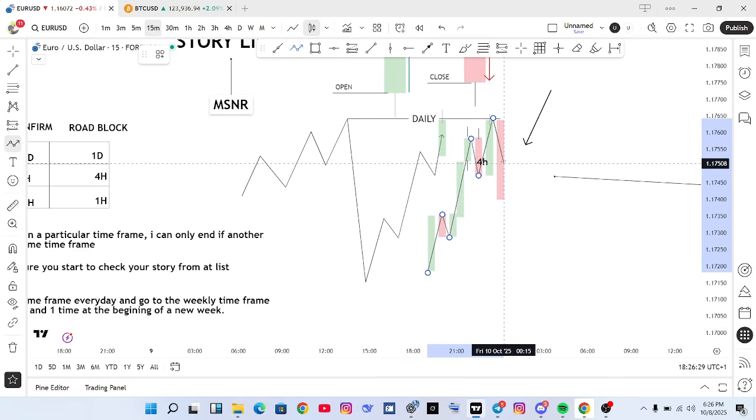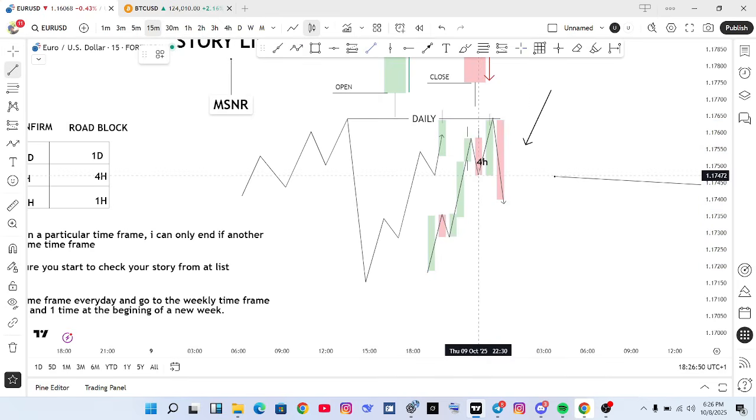Now the last A shape or V shape that the market creates before breaking: let's say you are looking for a sell, then price will need to break a V shape like this. This is the last V shape, the last rejection that the market made before touching the key level.